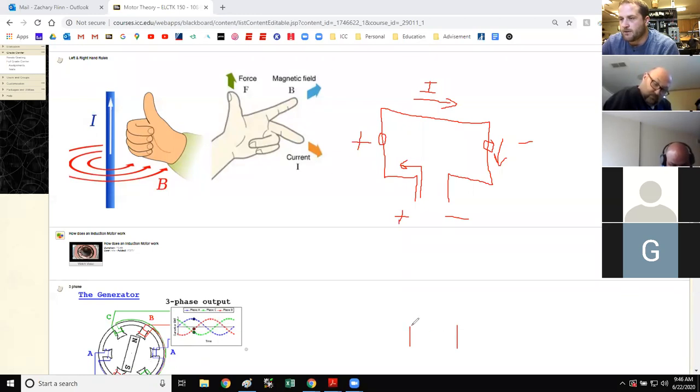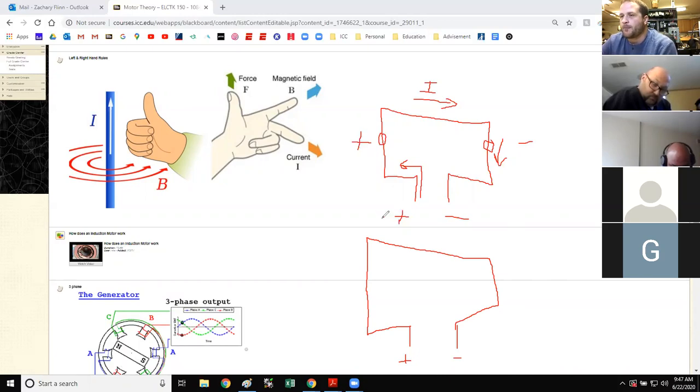But just imagine that this side is starting to come towards you and the right side is starting to go away from you. Does that make sense? Yep. Okay, so the left-hand side is coming towards your face and the right-hand side is going away from you.